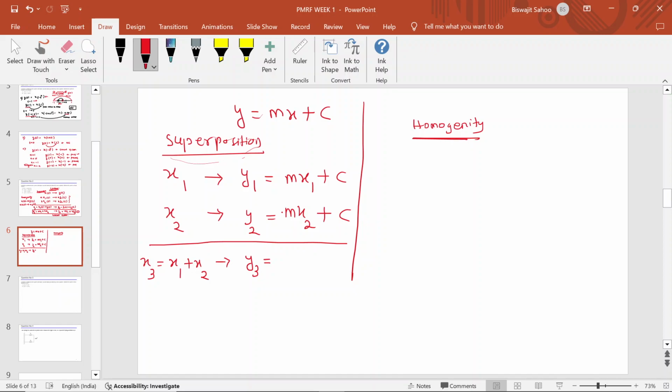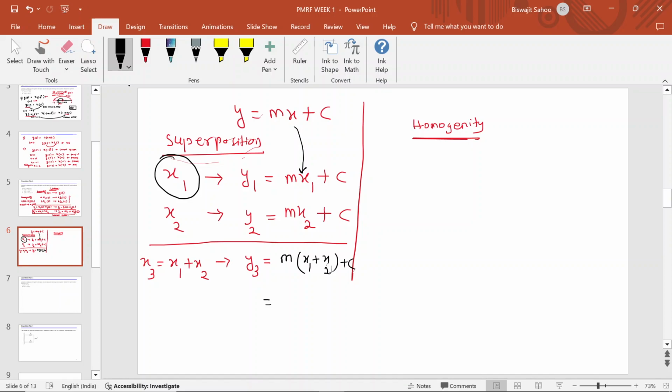Now tell me what I'm doing here. Whenever we apply input x1, you are replacing x in the equation by x1. Similarly, here your y3 equation should be m times (x1 plus x2), plus c.